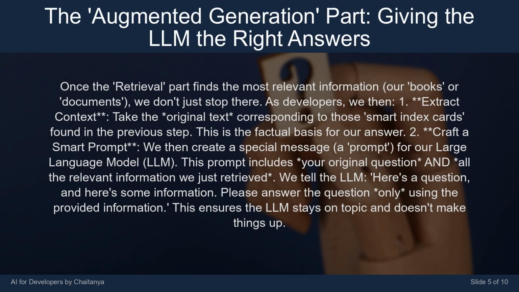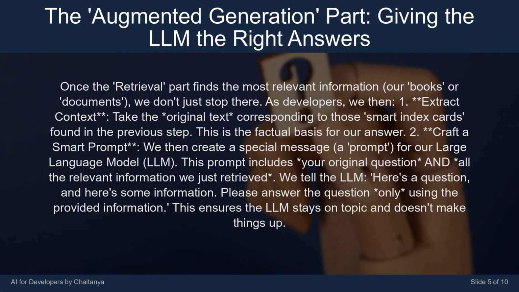Once the retrieval part finds the most relevant information, our books or documents, we don't just stop there. As developers, we then 1. Extract context. Take the original text corresponding to those smart index cards found in the previous step. This is the factual basis for our answer. 2. Craft a smart prompt.